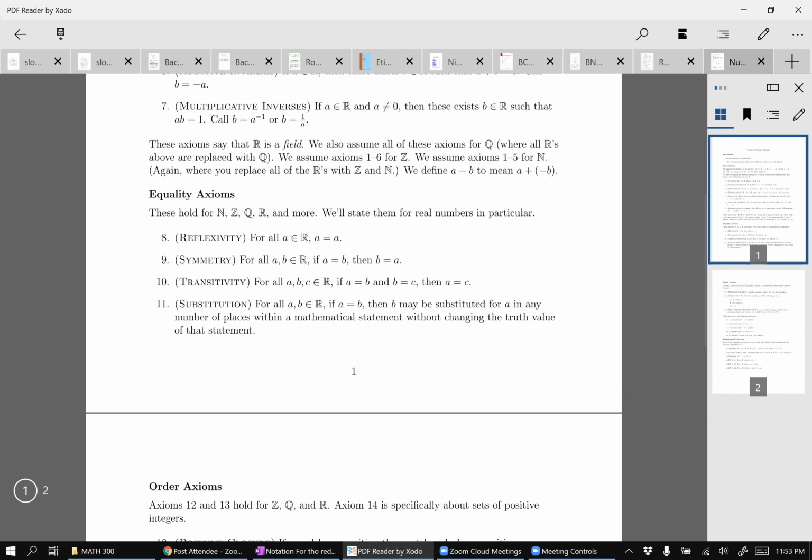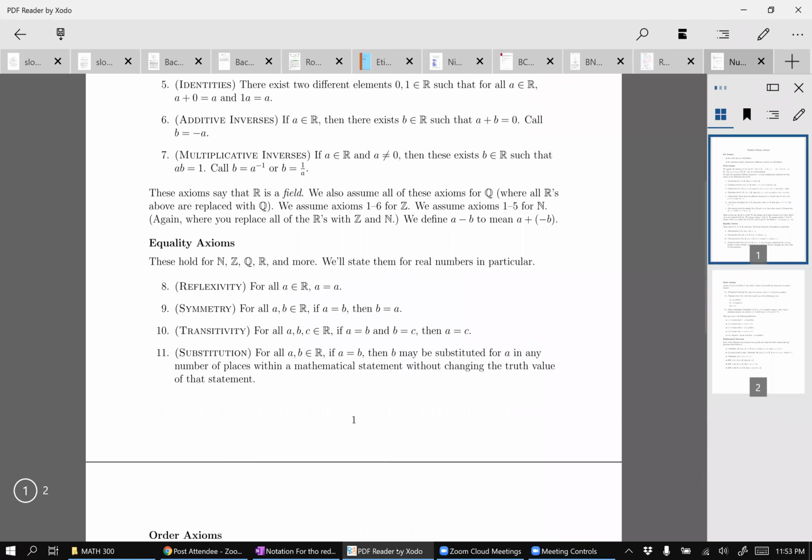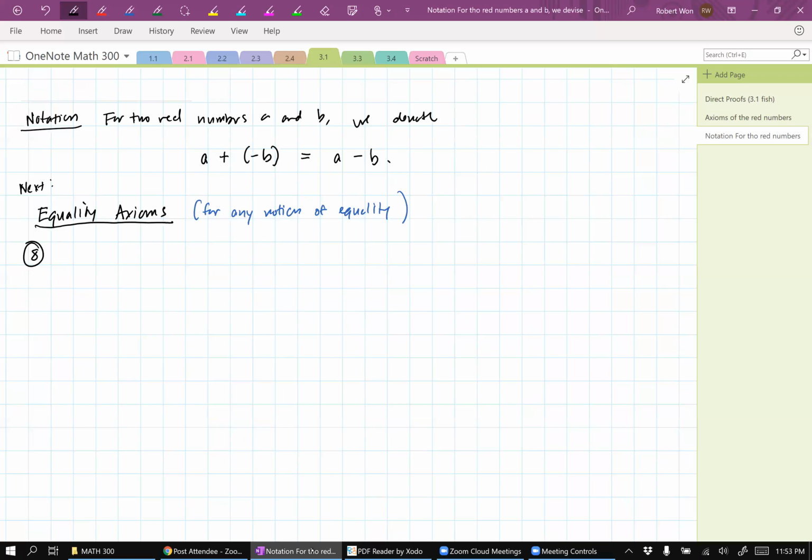And therefore, all of these have their own number, so you can uniquely identify them by number. So axiom 8 is called reflexivity. It says this: for every real number a, a equals a.